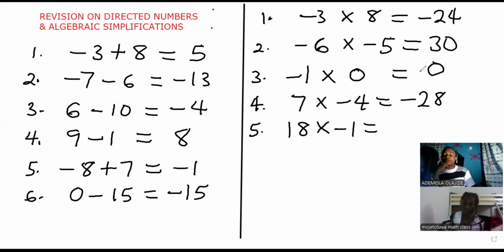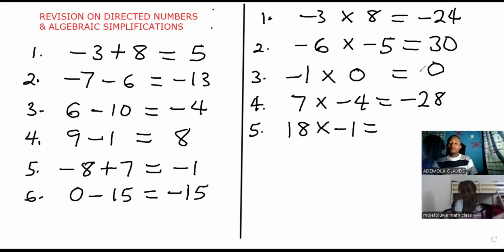18 times negative 1. This is going to be negative 18. Yes.